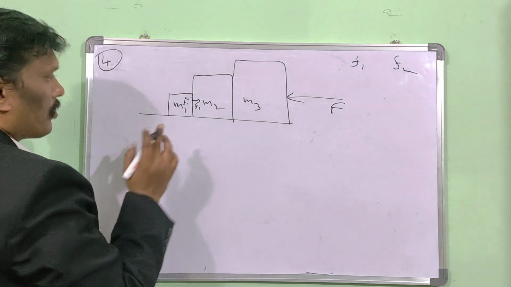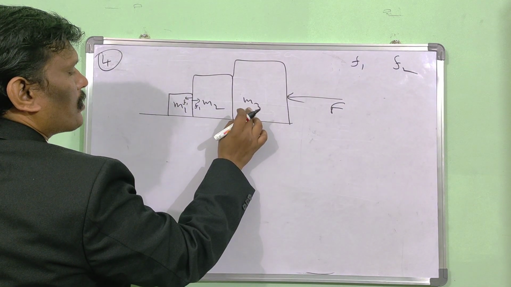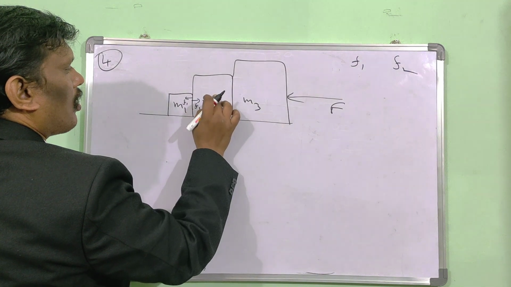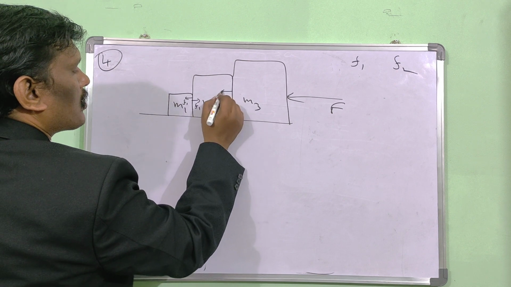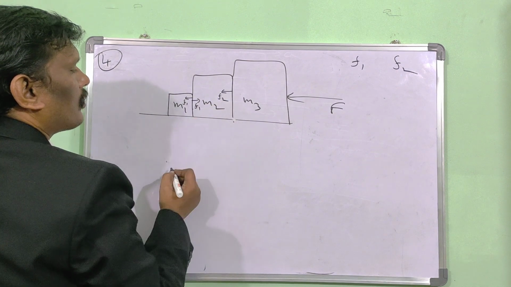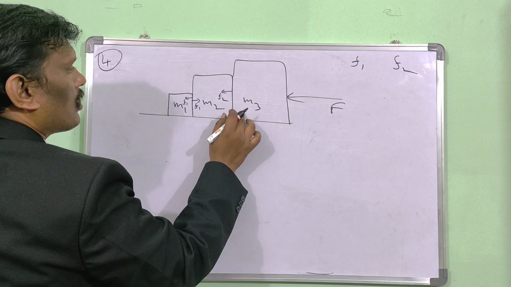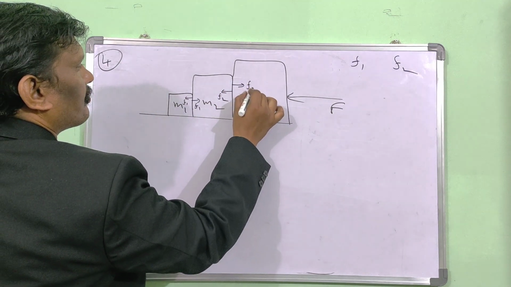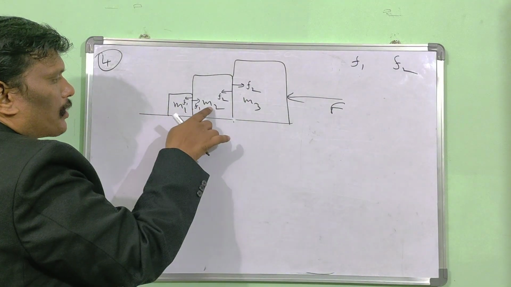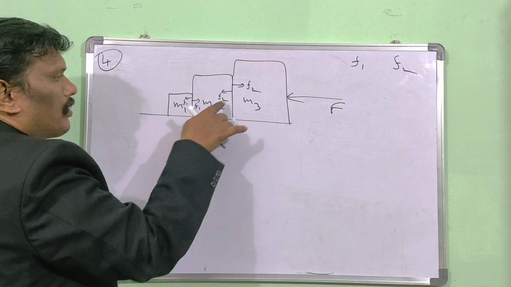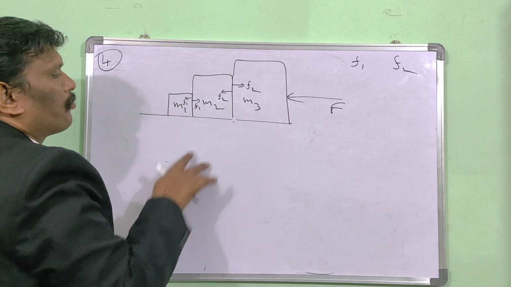These two forces are equal and opposite, of course. At the same time, M3 applies some contact force on M2. That is, I am going to consider F2. M2 applies an equal and opposite contact force on M3. So this is the contact force experienced by M1, this is the contact force experienced by M2, and this is the contact force experienced by M2, and this is the contact force experienced by M3.